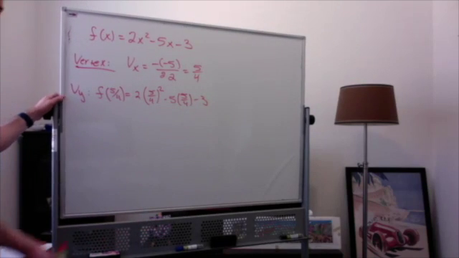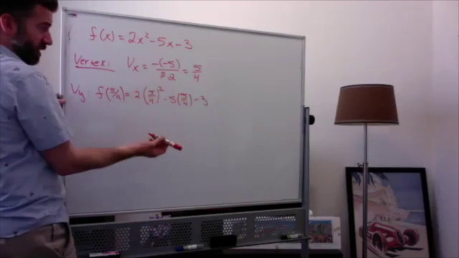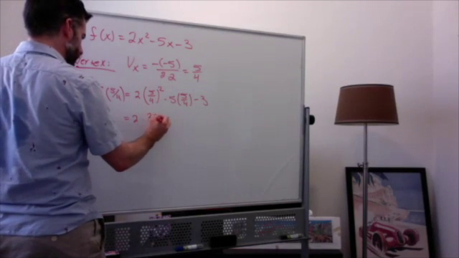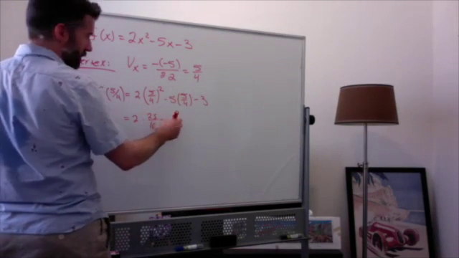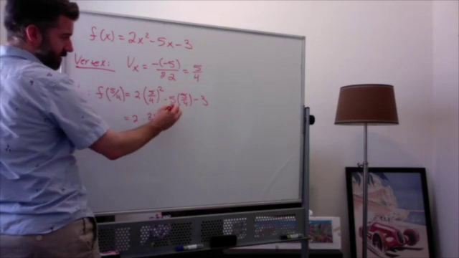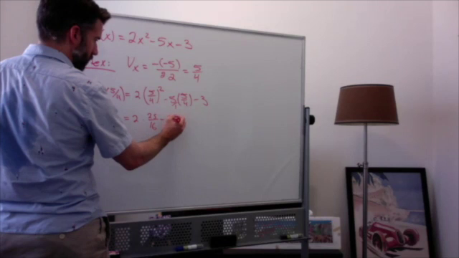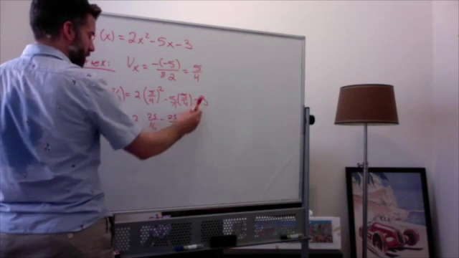All right, we need to do some work here. So 5/4 squared is going to be 25/16. So I get 2 times 25 over 16 minus, so 5 times 5/4 is 25 over 4, and minus 3.